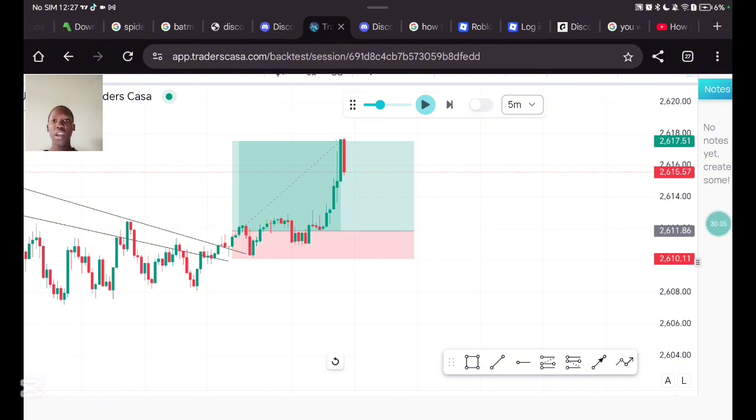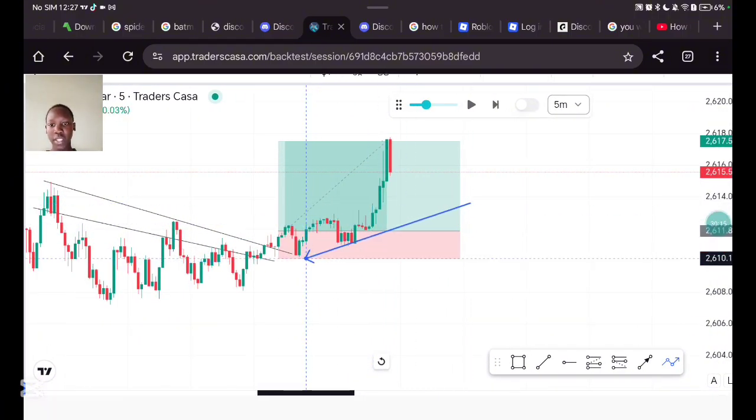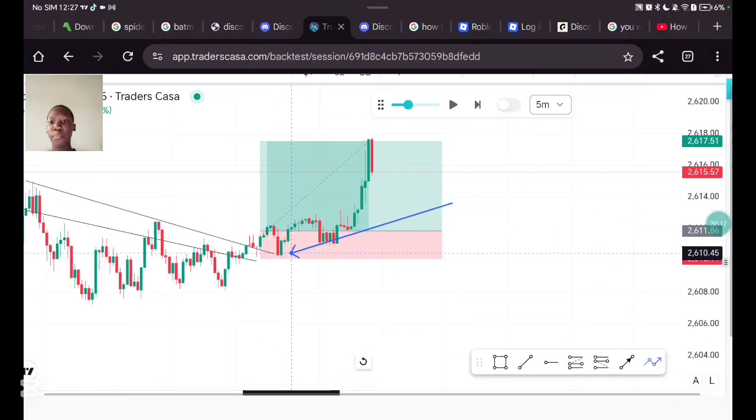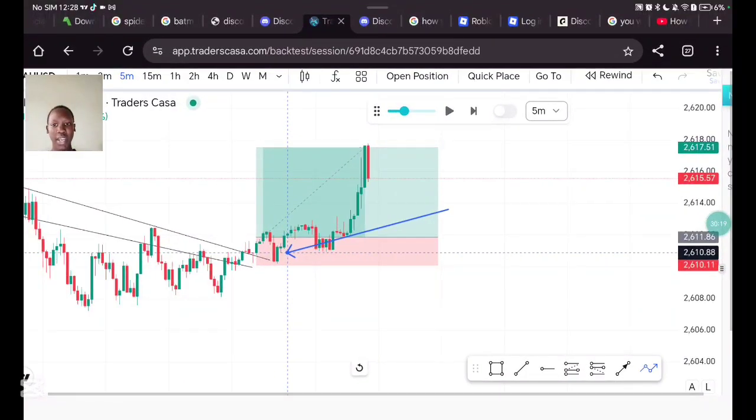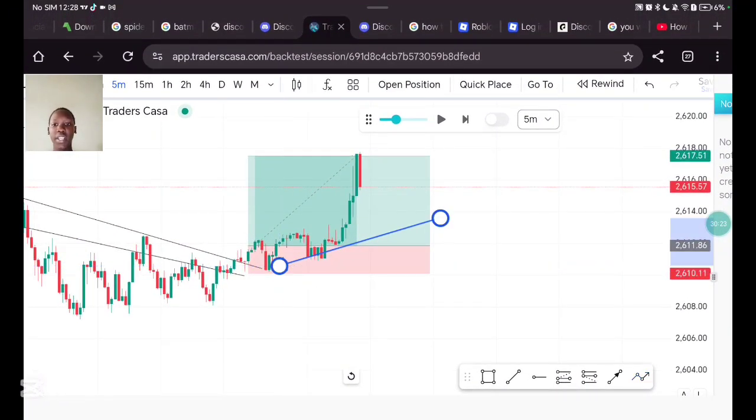This strategy will show you where to put your stop loss perfectly. See where we were almost stopped out here, but it came back. So this is how you perfectly trade gold precision strategy.